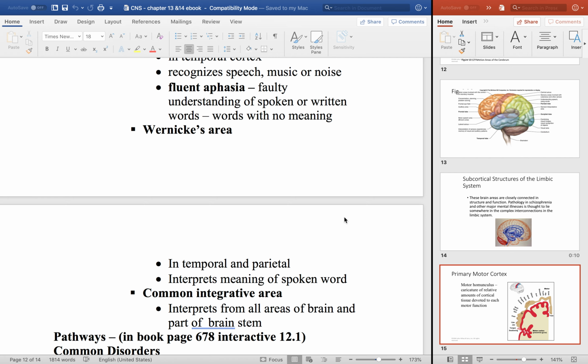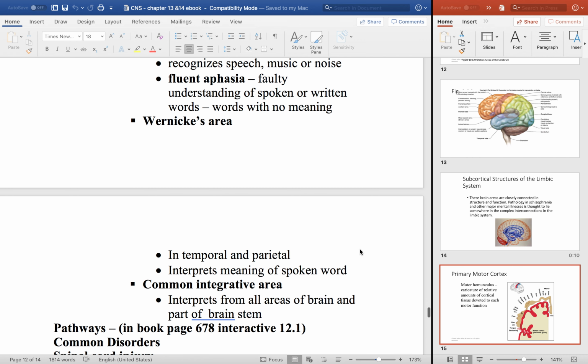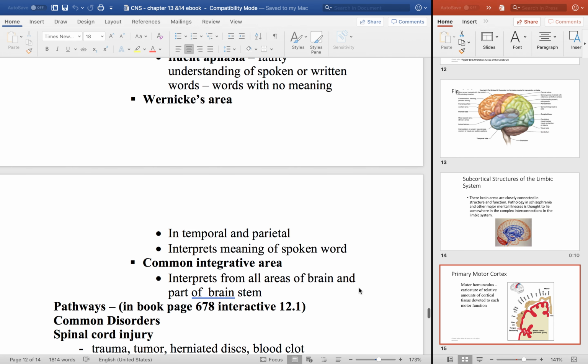So if you can say it, but you don't understand it, it's a lot of times damaged in that area. As opposed to Broca's, where you basically understand it, you just can't verbalize your language or how to respond to it. And the last is the common integrative area. It interprets all the areas of the brain and parts of the brainstem and brings them all together.